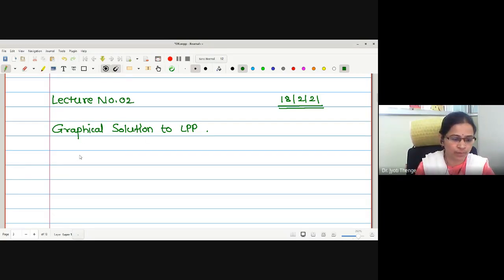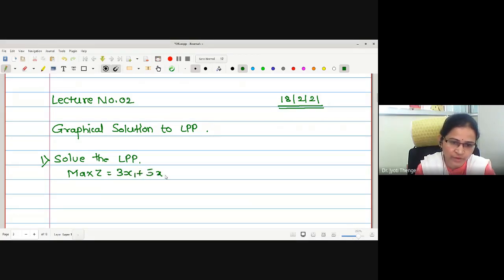Let me write the first problem. The first problem is: solve the linear programming problem. Maximize z equals 3x1 plus 5x2, subject to the constraints. Constraint is nothing but conditions.